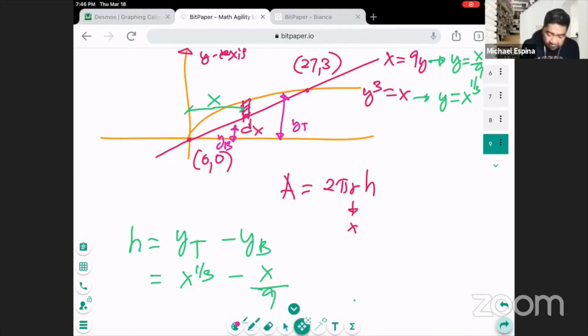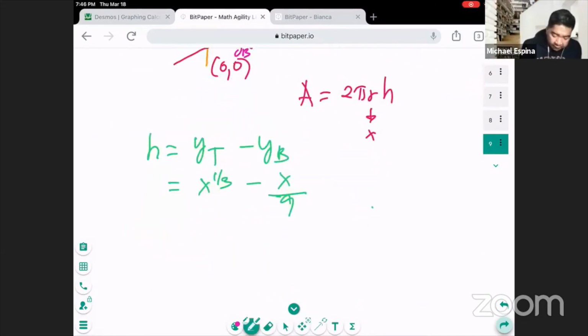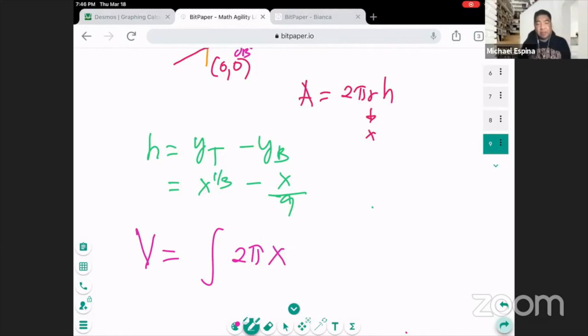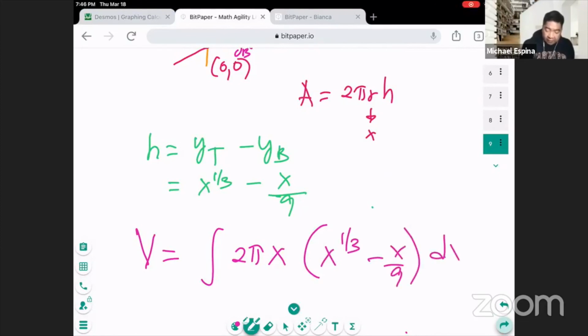So let's form our integral equation, which is our volume. V equals integral of 2 pi x, right? Which is our r, or the radius, or the distance from the slice to the axis of revolution, and our h, which we already know as x to the 1/3 minus x over 9, and then our slice is dx, right?